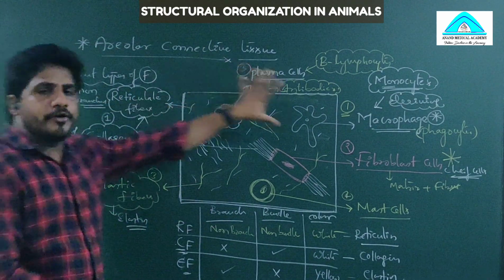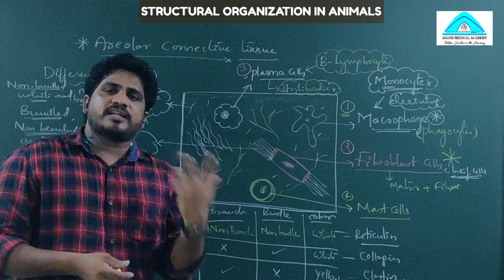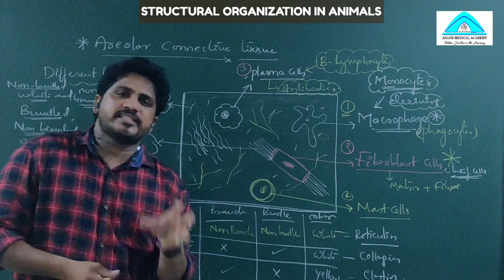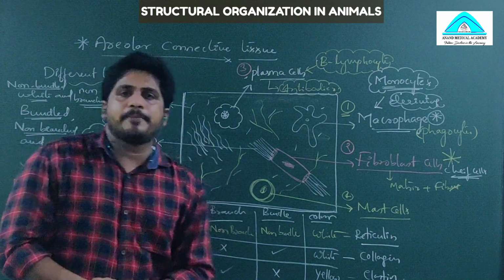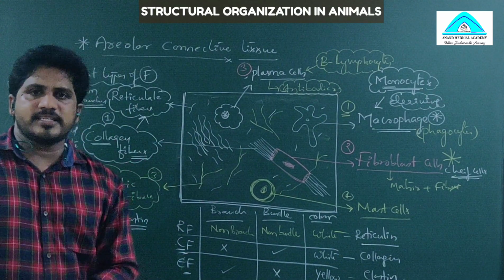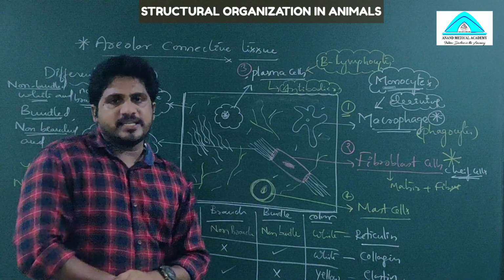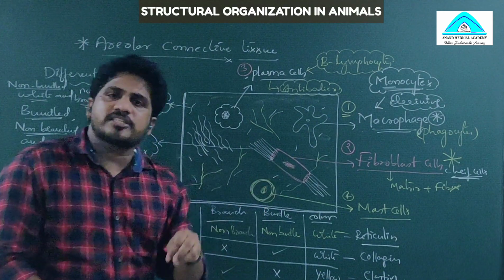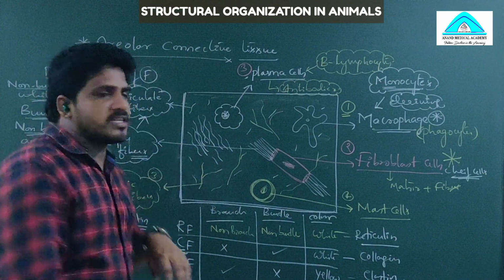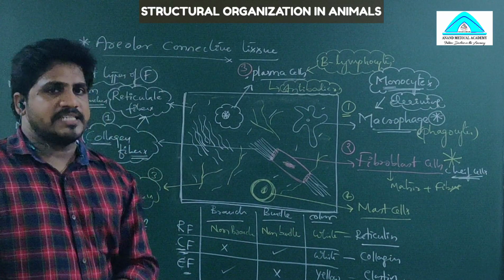Areolar connective tissue consists of a huge matrix that is greater than cells and fibers. All cells and fibers are suspended in the huge matrix. That matrix is made up of glycoproteins and polysaccharides, mucopolysaccharides, secreted by fibroblast cells. Along with the matrix, fibroblast also secretes fibers. All these fibers are secreted by fibroblast cells only.